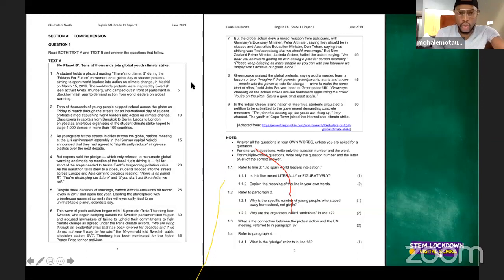And it could be because of a number of reasons: one, they are young, or two, they don't have the resources to pull through this international climate strike, or it could be because they just don't think that this problem can be solved. And that's why they call them ambitious.